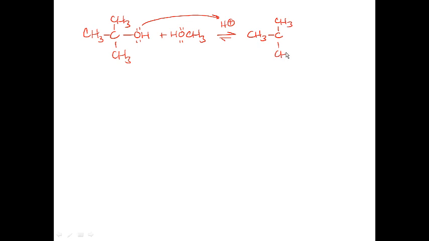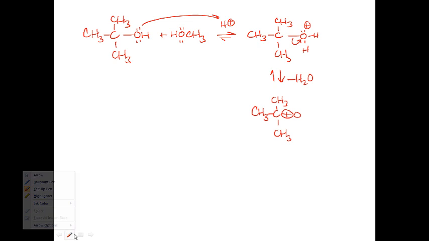Well, actually, I could protonate either one of them, but as soon as I protonate the tertiary butyl alcohol to form that oxonium ion, given that this is a tertiary alcohol, I'm going to break that CO bond, losing water in the process. Again, these are all equilibrium steps. And I'm going to end up forming a tertiary carbocation. There's my tertiary carbocation and water, because I've lost the water.